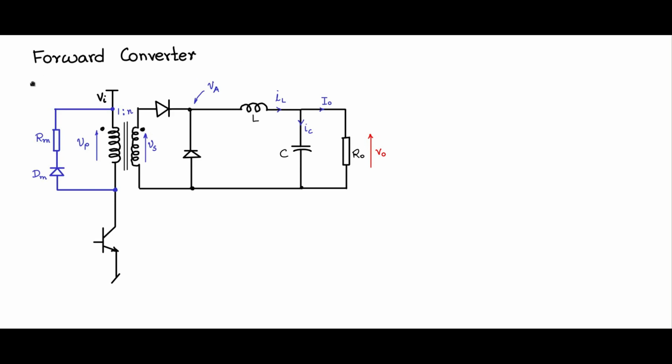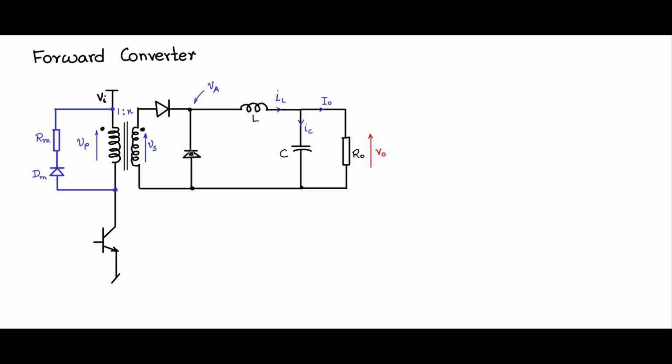Let us now try to understand this forward converter circuit, its operation and the waveforms at various points. If you see this portion of the circuit that I am indicating with the cursor, this portion on the secondary side is exactly like a typical buck converter.